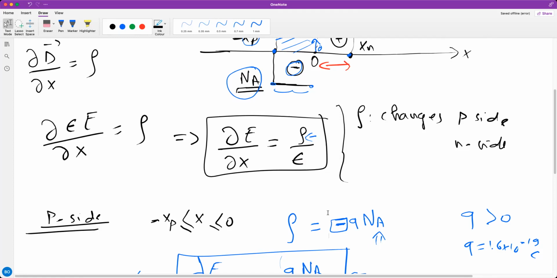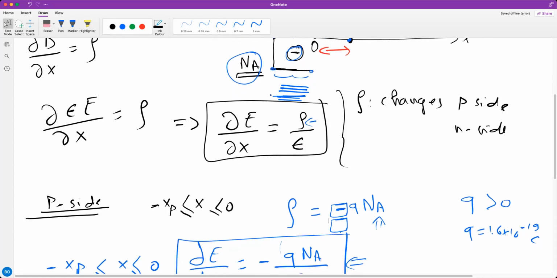Amna is right: the charge of the electron is negative. Fatma adds that on this side the electrons populate this area, so the charge density is negative. This negative sign comes from the fact that the electrons migrate from the N to the P type.